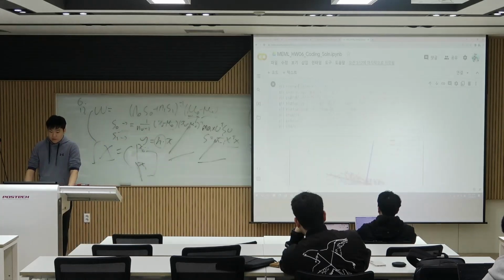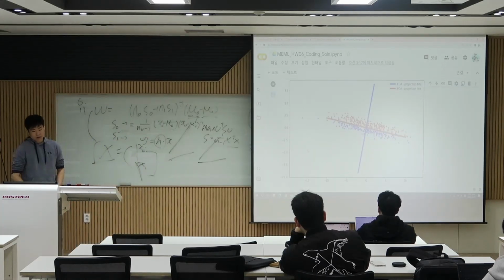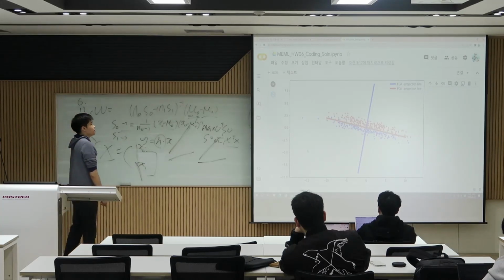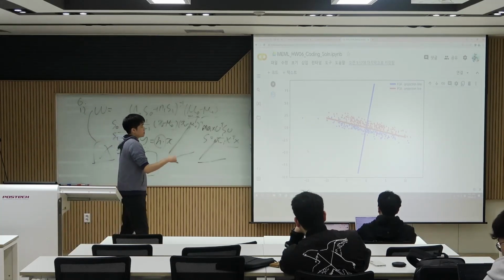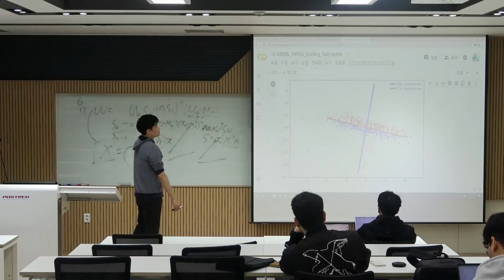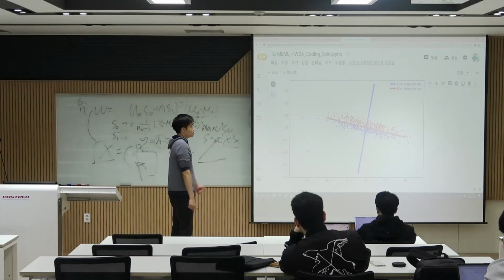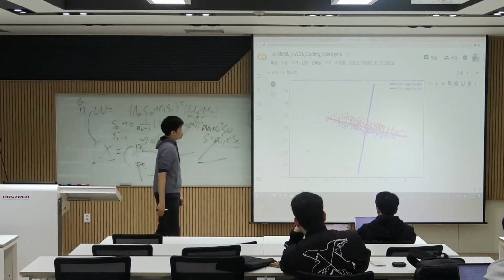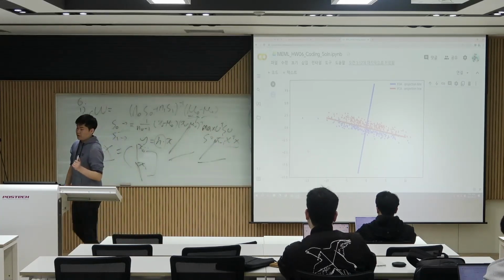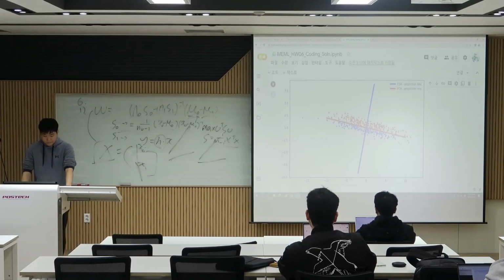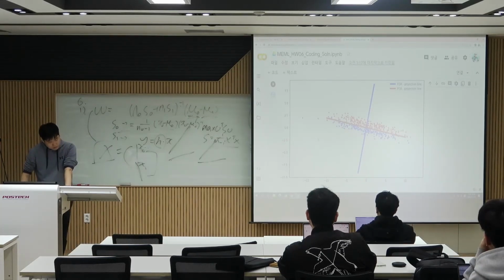So now the projection of the PCA line is quite different from FDA. FDA considers the label of each data class, but PCA doesn't, and PCA just needs to maximize the variance. So now our result looks very good. Okay. Any questions regarding problem 6?